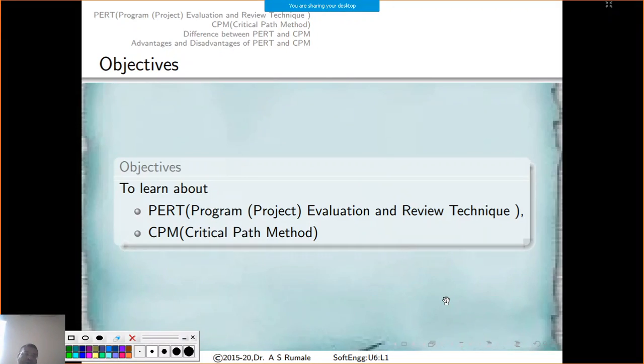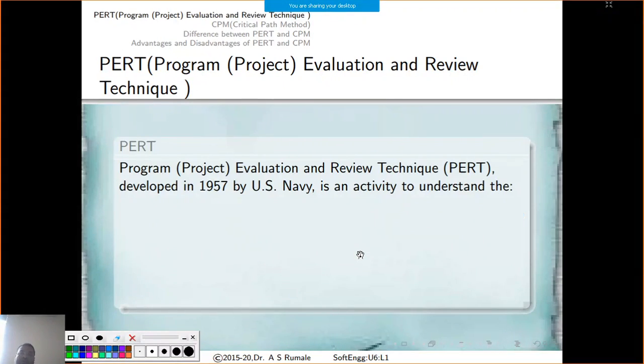So PERT was actually used for that. And CPM is the critical path method, which was designed in 1950 for constructions and work in industry, like the conveyor belt. So these are the methods that we are going to see now.